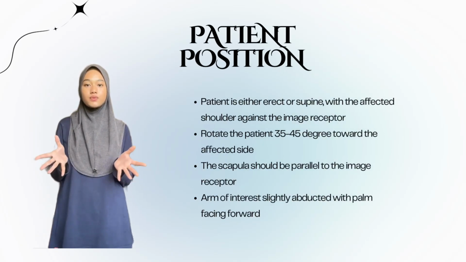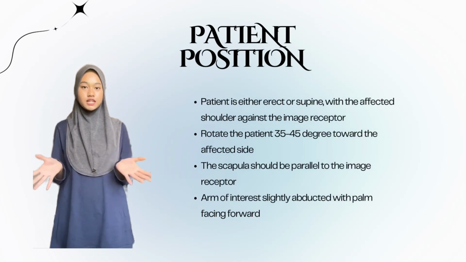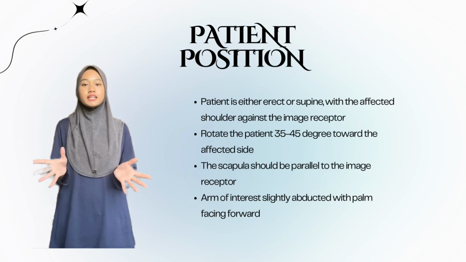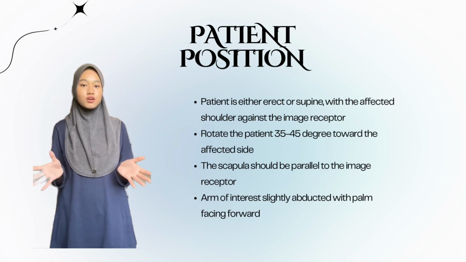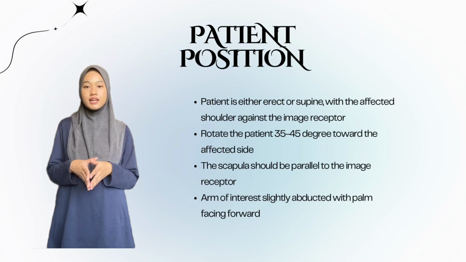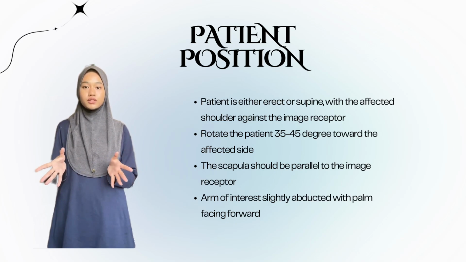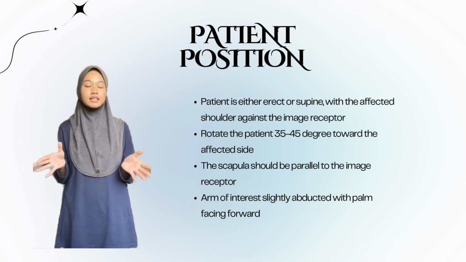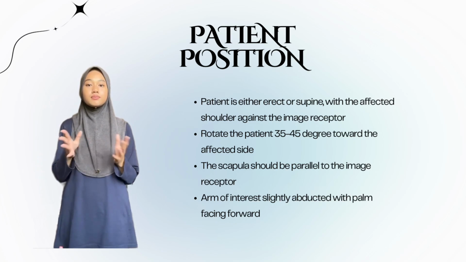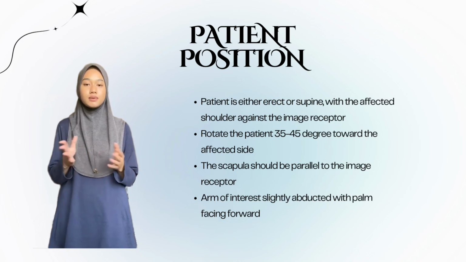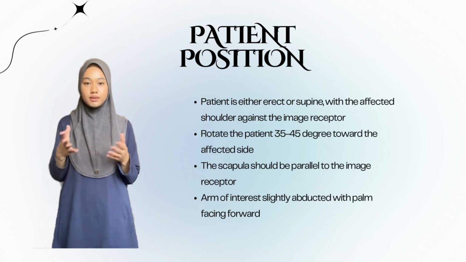Firstly, I will explain the patient positioning in posterior oblique shoulder X-ray. The patient can be positioned either erect or supine with the affected shoulder placed against the image receptor. The body is then rotated 35 to 45 degrees toward the affected side to properly align the anatomy. It is important that the scapula is positioned parallel to the image receptor to obtain an accurate image.